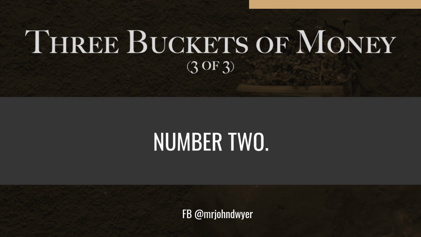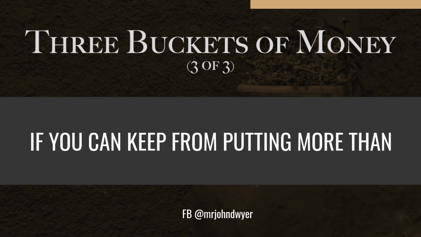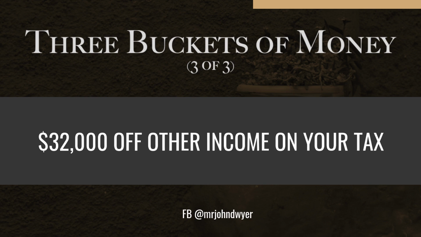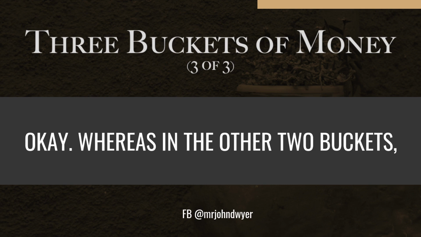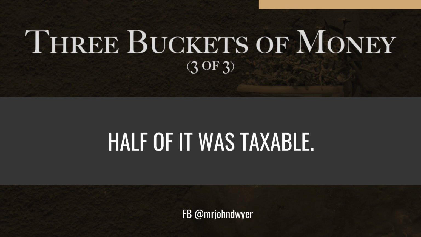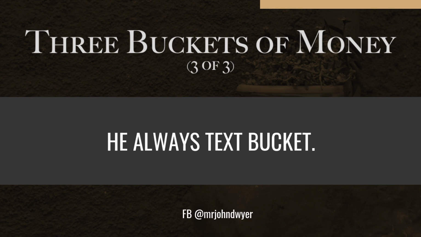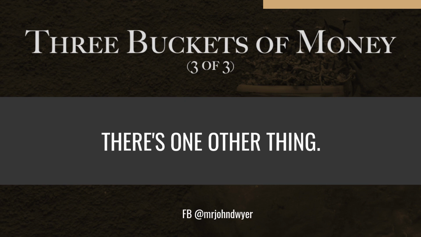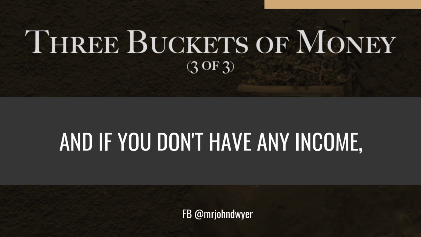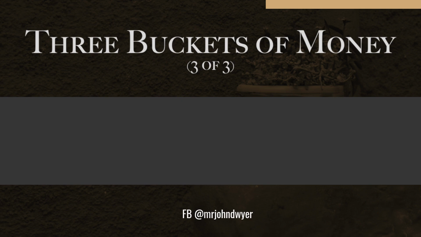That's a big deal. Number two, if you can keep from putting more than $32,000 of other income on your tax return, then your Social Security is tax-free. Whereas in the other two buckets, half of it was taxable, and in the first bucket, the always tax bucket, 85% was taxable.